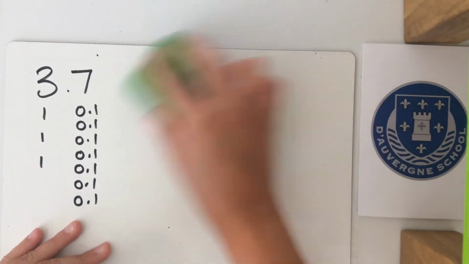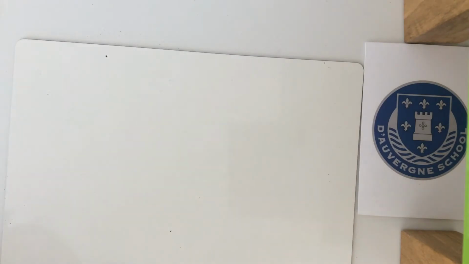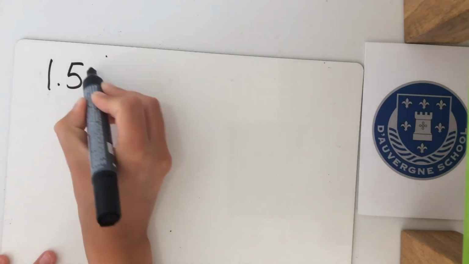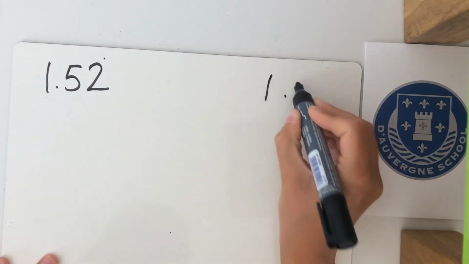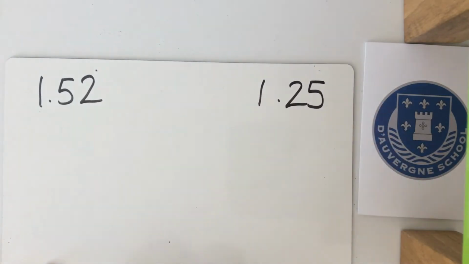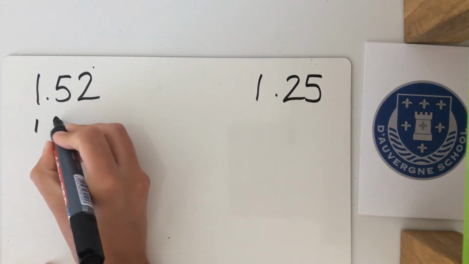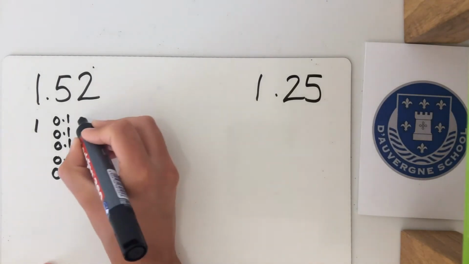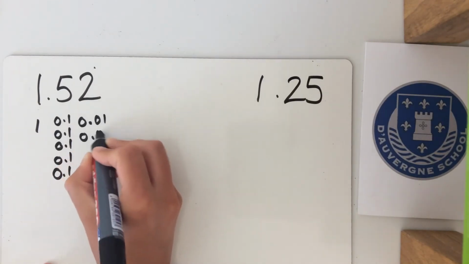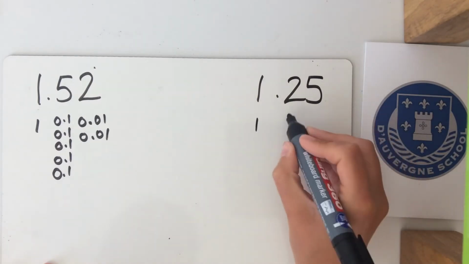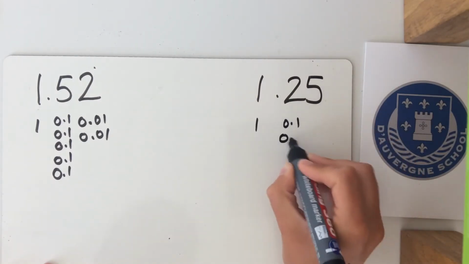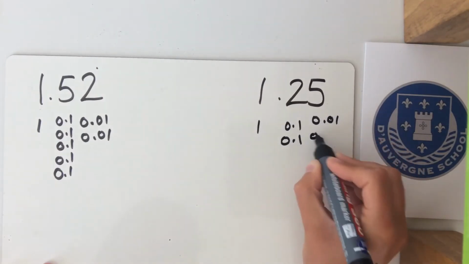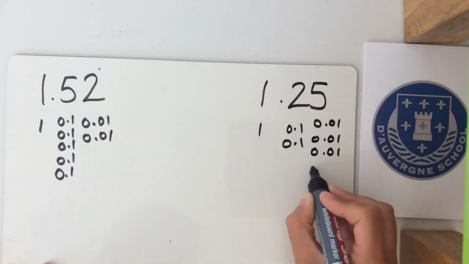And the next one we've got 1.52 and 1.25. Okay, so we've got 1 one, 5 tenths, 2 hundredths, and we've got 1 one, 2 tenths, and 5 hundredths.